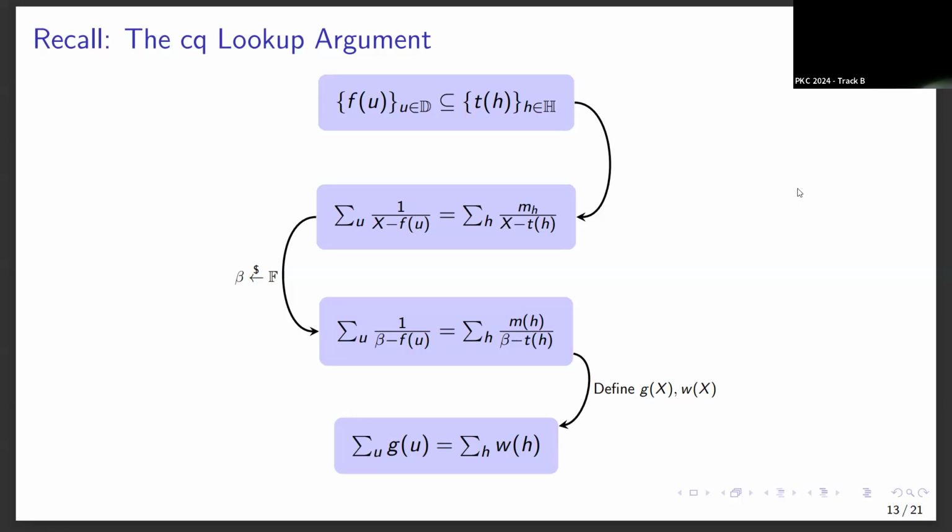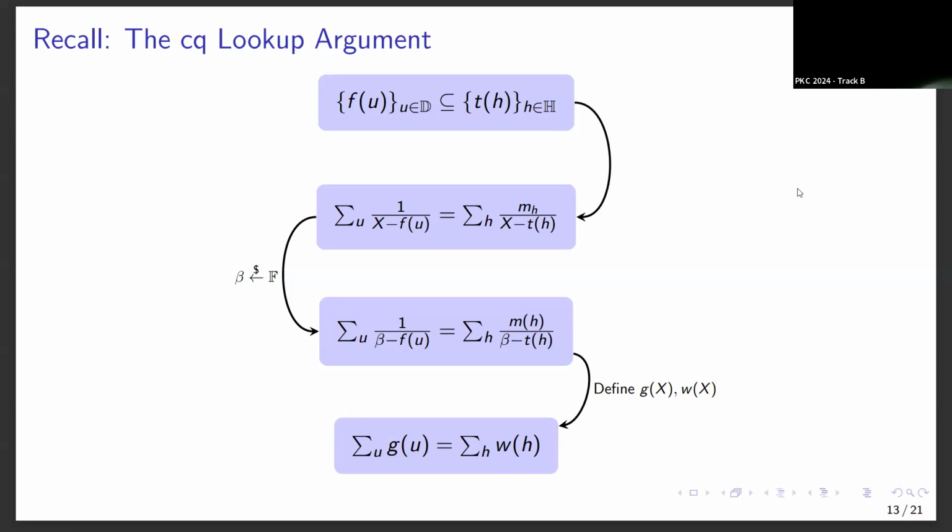bigger polynomial. And now the job is to prove that the evaluations of the small polynomial are a subset of the evaluations of the bigger polynomial. And now we apply this famous logarithmic derivative technique that was proposed by Haböck in his multivariate lookup paper, that transforms this subset relation into the equality of two fractional functions.